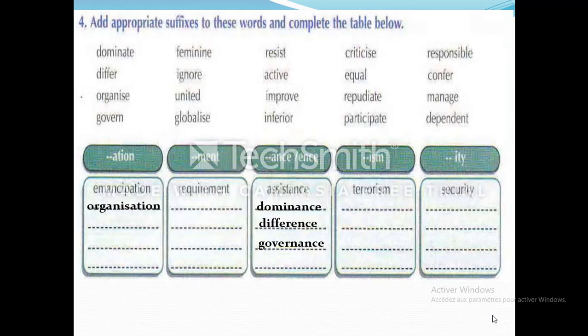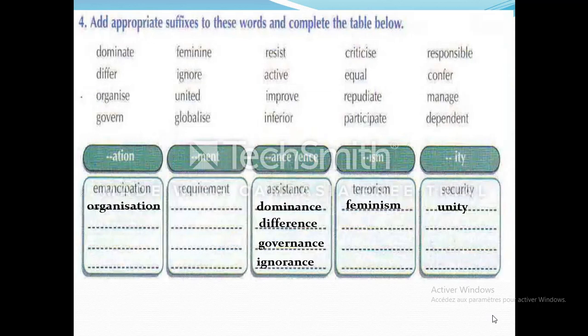Nice. Next, feminine becomes feminism. Good. Then we have ignore, ignorance. Next, united. You can pause the video to think before I reveal the result.